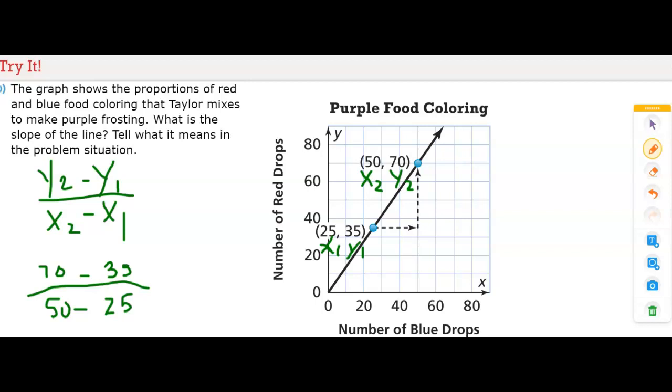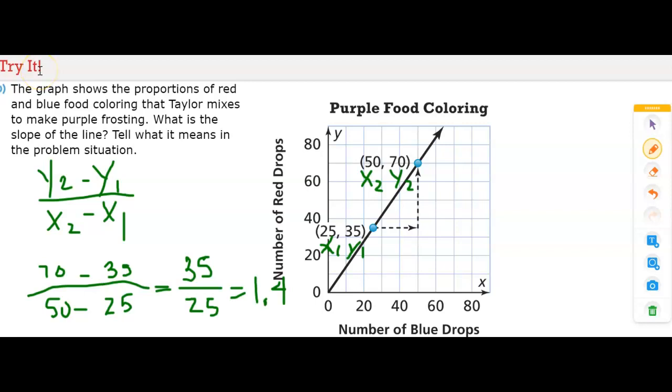Then you subtract: 70 minus 35 is 35, and 50 minus 25 is 25. And then you simplify that by dividing, and you would get 1 4/10. So 1 4/10 would be our slope of our problem.